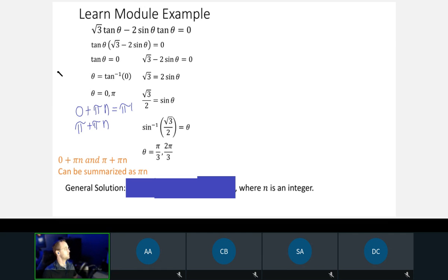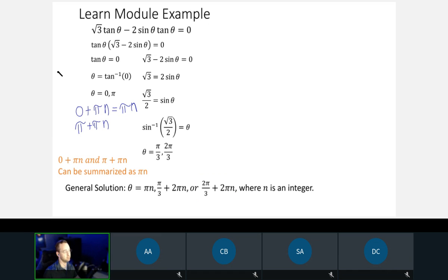All right, so your general solution for this, you're going to have theta equals pi n, comma, and then for these other ones, you're going to have pi over 3 plus 2 pi n, because we're talking about sine, and then 2 pi over 3 plus 2 pi n.